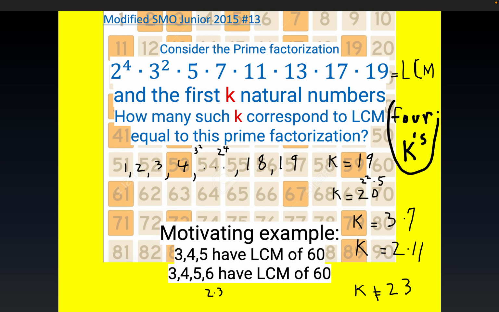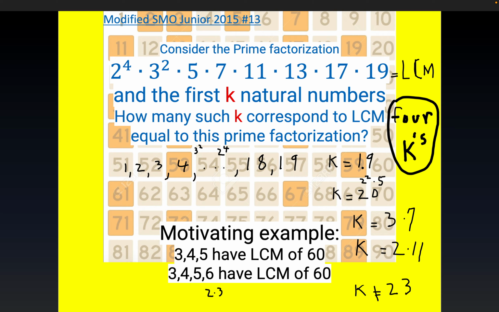And so we see that, among other things, the LCM function, if you think of it as a function, and I think you can do that in a fair sort of way, is not a one-to-one function, right? Because right here we've produced 4 different collections of numbers of varying sizes that have the same LCM.